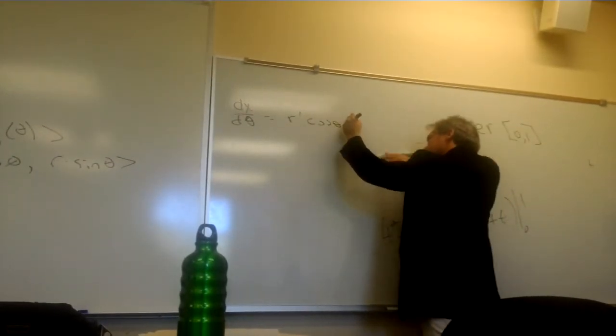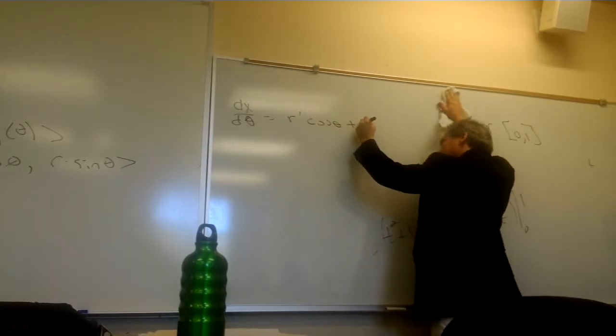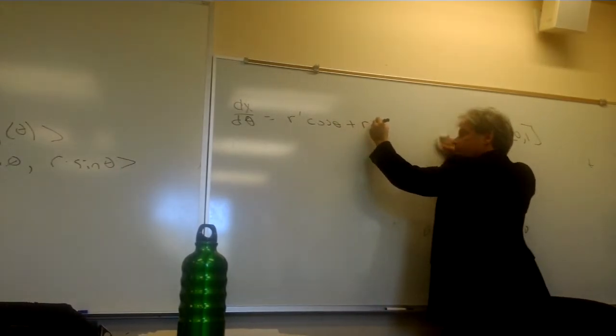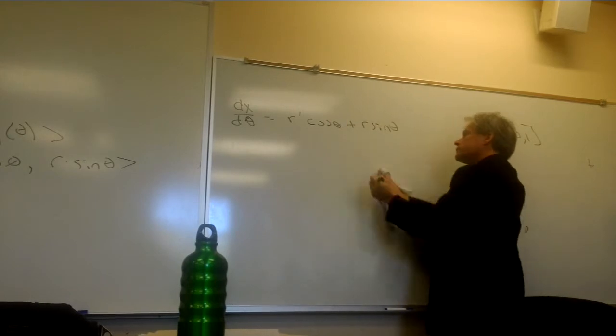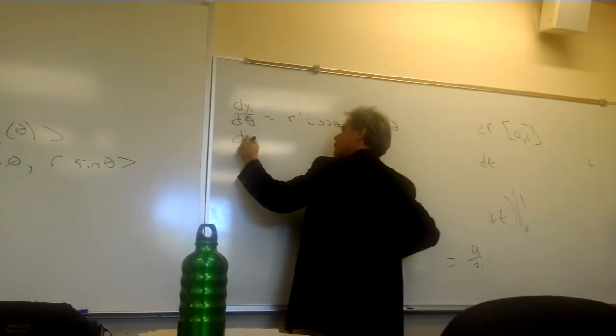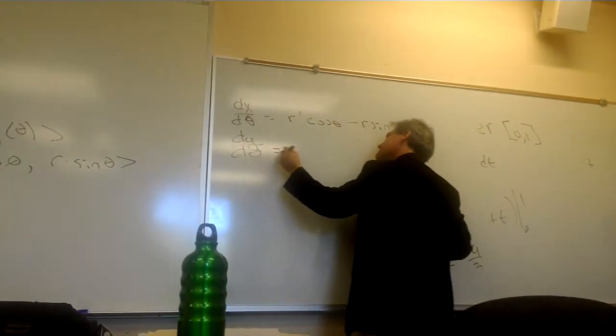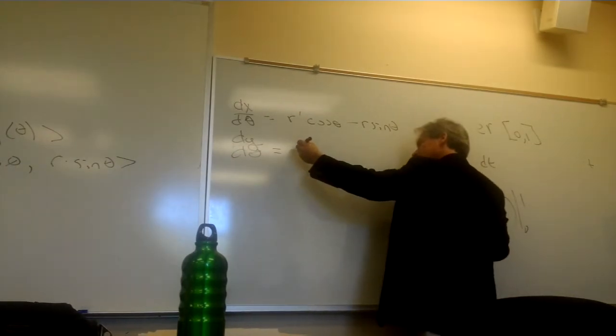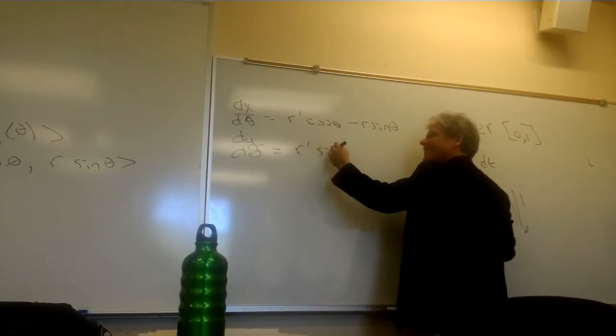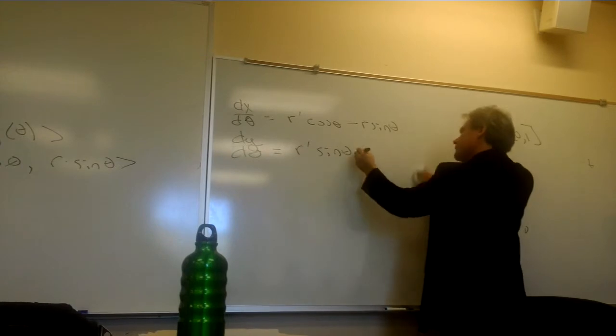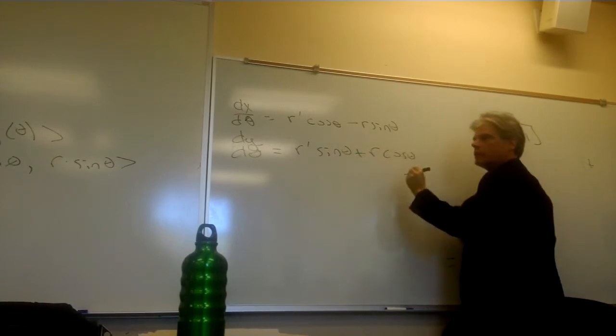And then the next one is going to add r times the derivative of cosine, which is negative sine. Plus r cosine. Oh, but wait a minute.